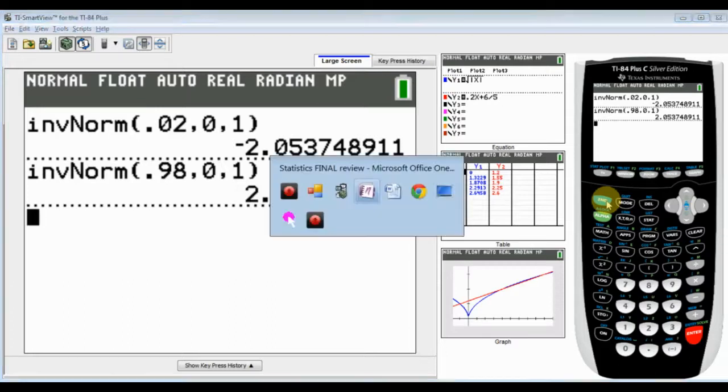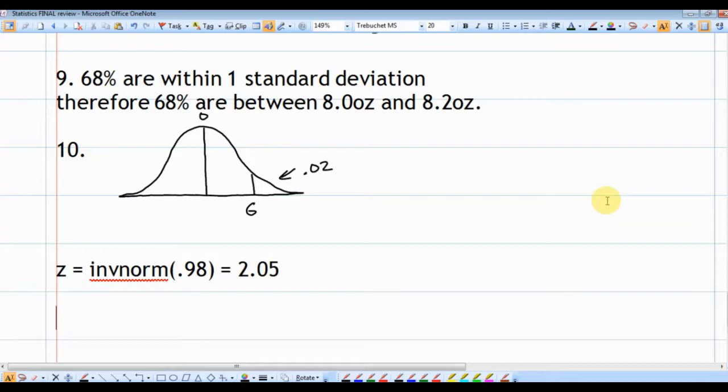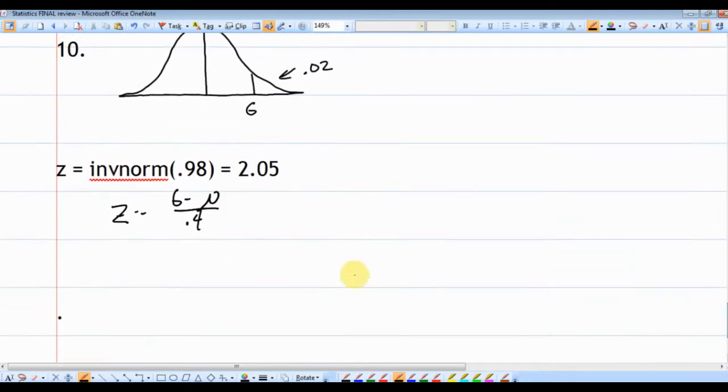I'd like to finish this up. So we have the z-score is equal to the measurement 6 minus the mean over the standard deviation of 0.4. 2.05 is equal to 6 minus the mean over 0.4.